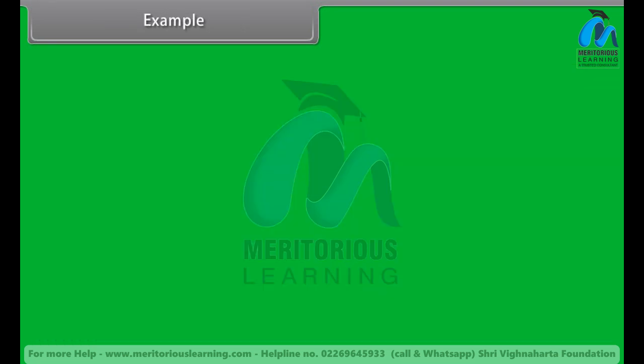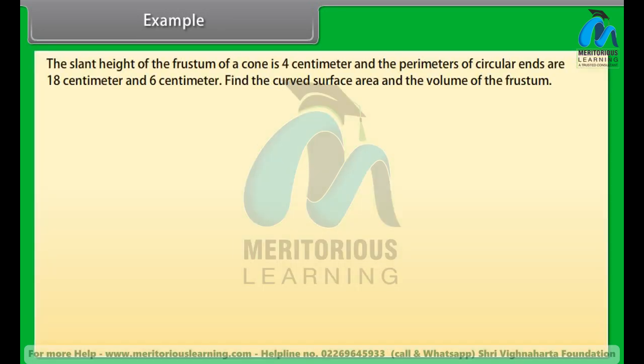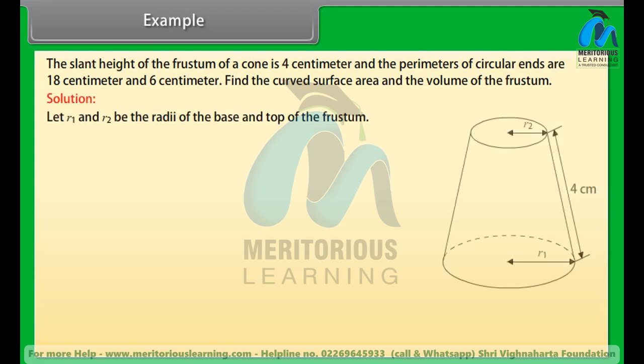Example. The slant height of the frustum of a cone is 4 cm and the perimeters of circular ends are 18 cm and 6 cm. Find the curved surface area and the volume of the frustum. Solution. Let R1 and R2 be the radii of the base and top of the frustum.